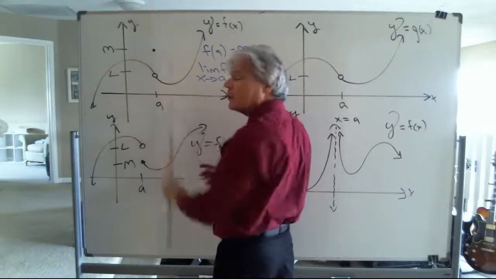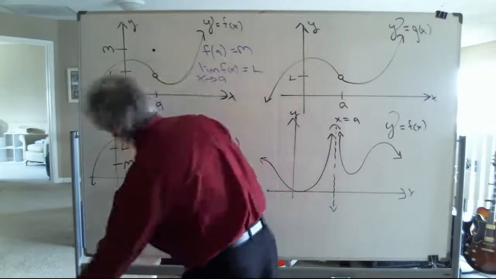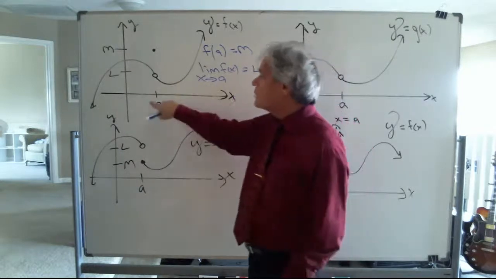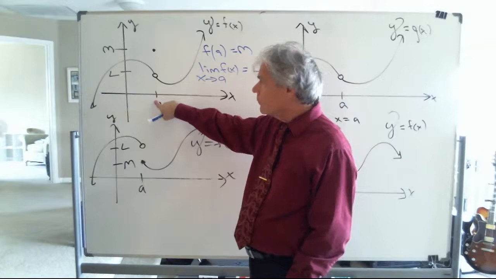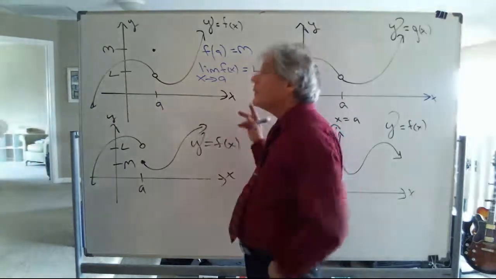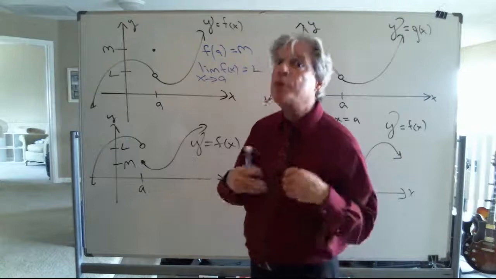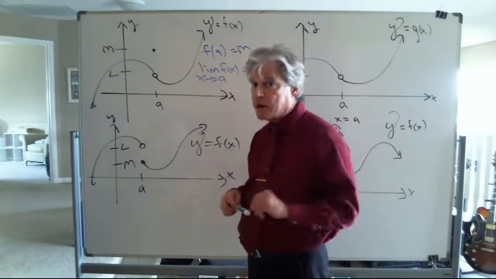I have those mathematical blinders on. Now, because these two are not the same, my function f is not continuous at x equals a. I sometimes subclassify this discontinuity as a removable discontinuity. I'll explain why in a few moments.